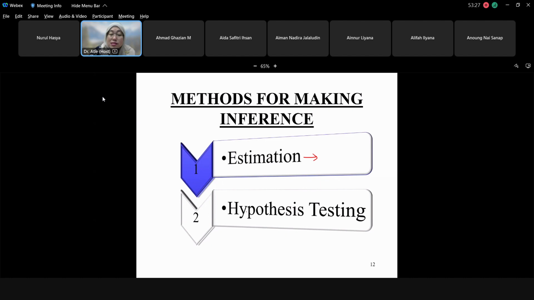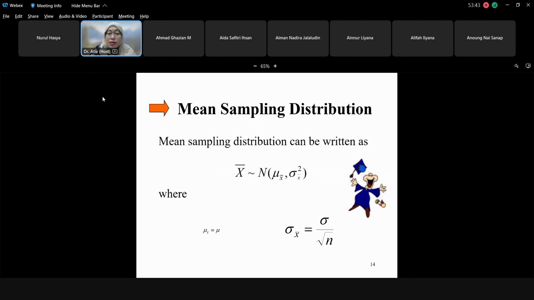This one is usually done in SPSS, and estimation we usually use when we want to calculate manually.